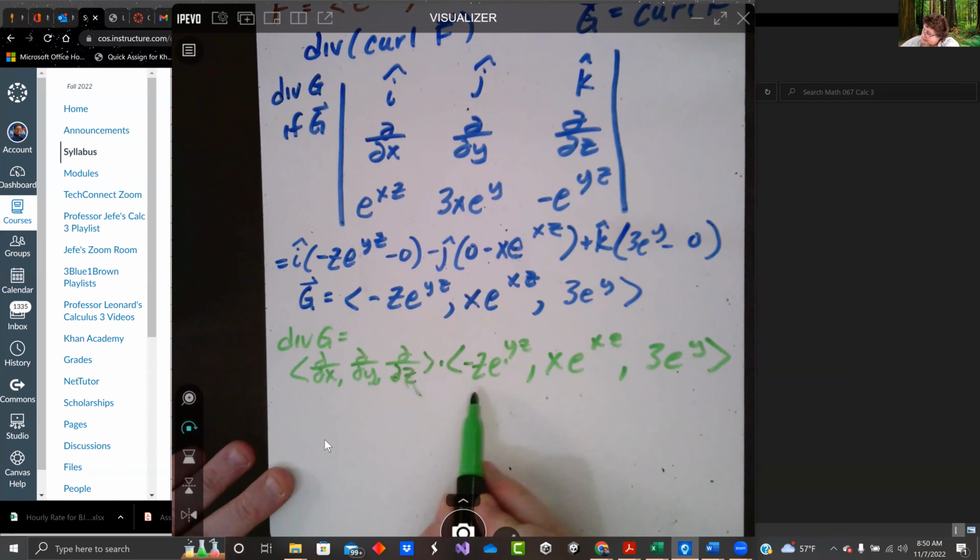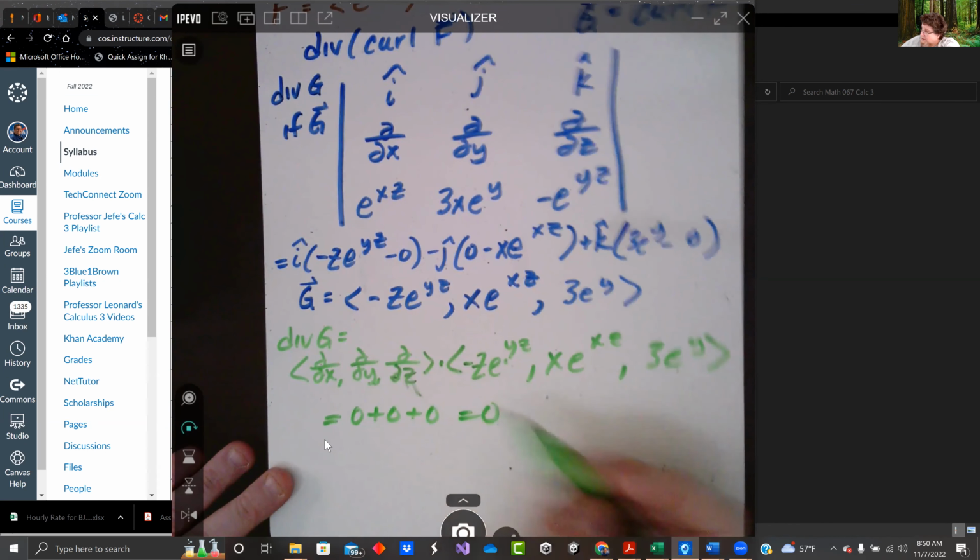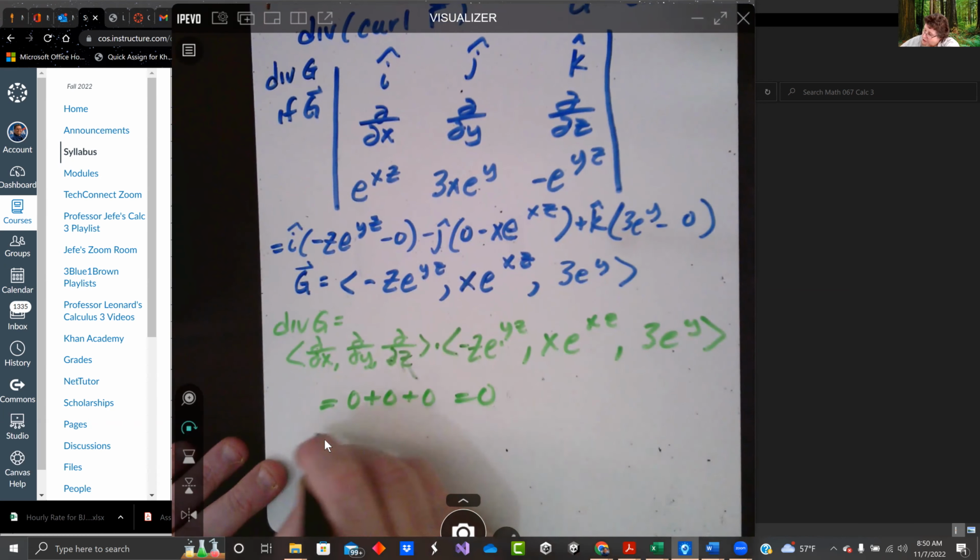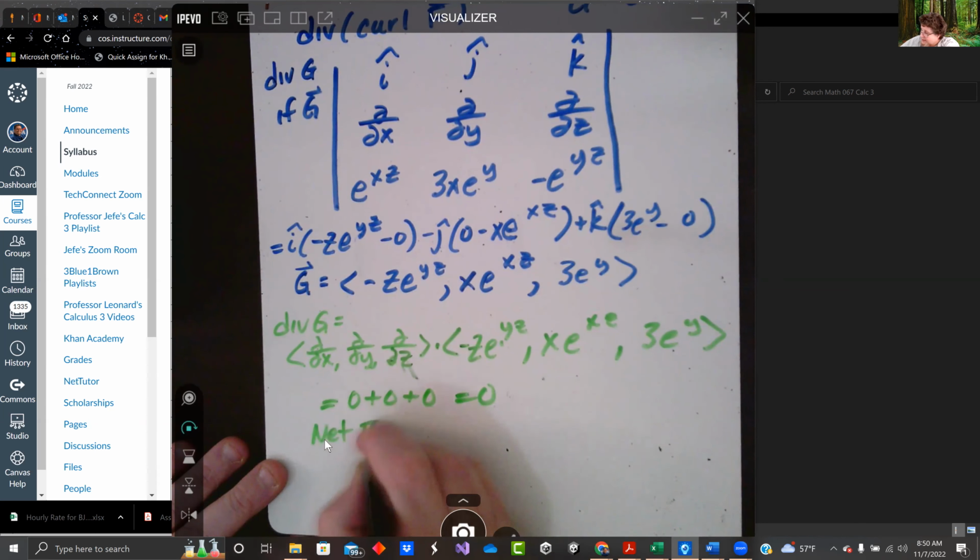And it looks like this is 0 and 0 and 0. So the net flow through any point is 0.